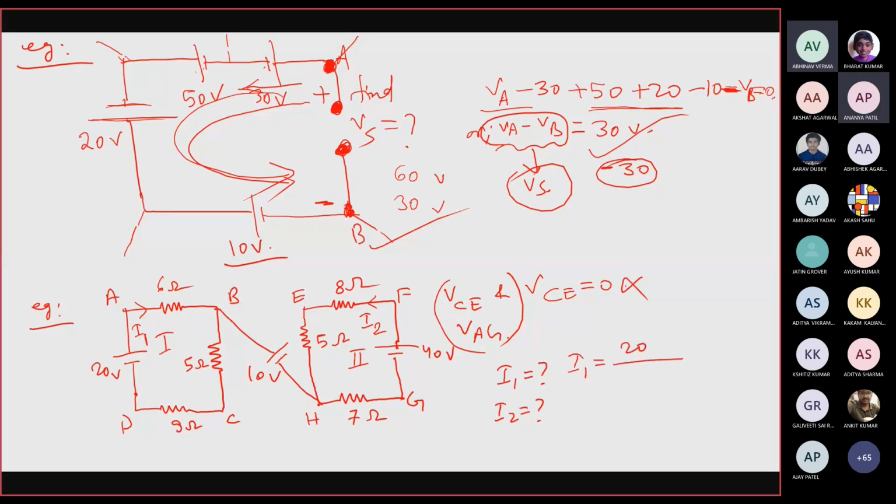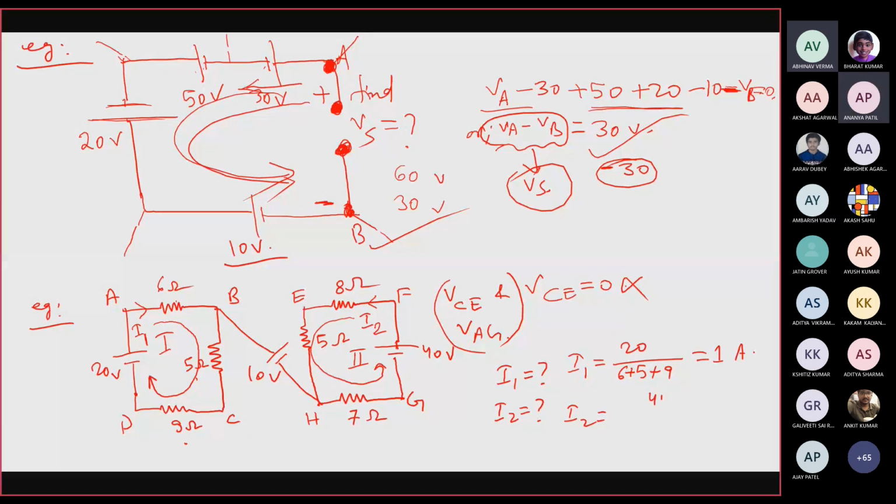I1 will be equal to 20 by 6 plus 5 plus 9. It means you want to say that total I1 current will only circulate in circuit 1, right? Yes sir. Okay, 6 plus 5 plus 9, that is 1 ampere. Similarly, if we calculate I2, then I2 will only circulate in this closed loop.